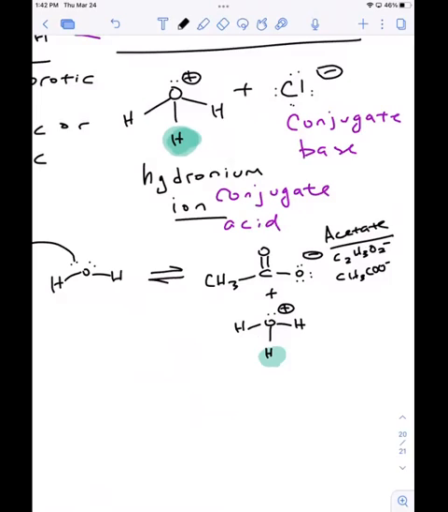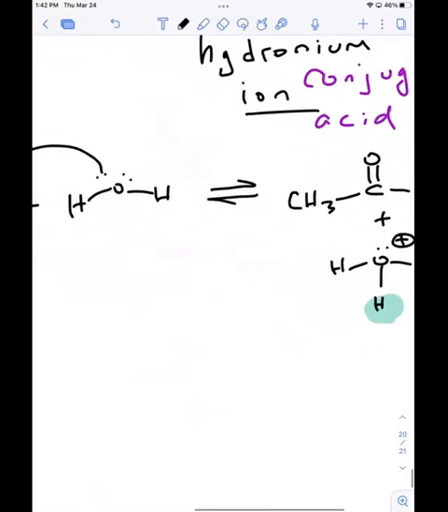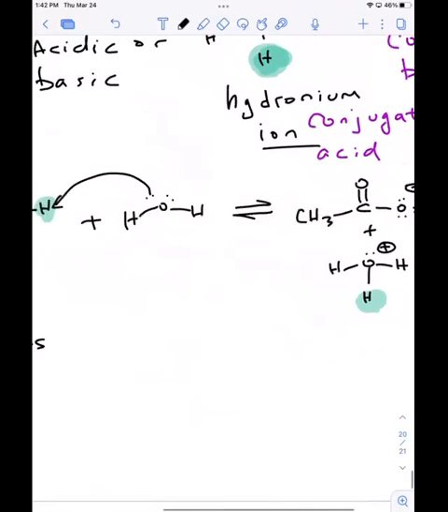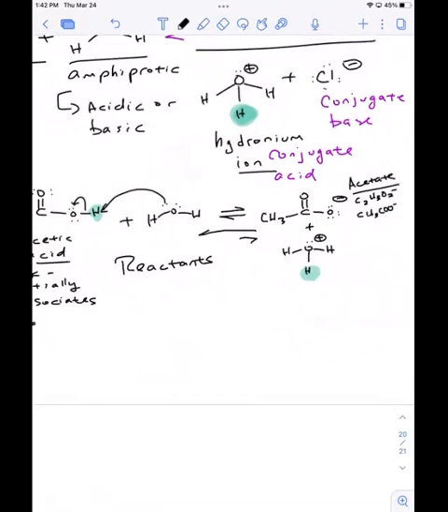All right, so this is a weak acid dissociating in water. And then the equilibrium part, let's talk about that. If it's a weak acid, more than likely, the equilibrium is going to favor the reactants. So these are the reactants on the left, and on the right, we've got products.